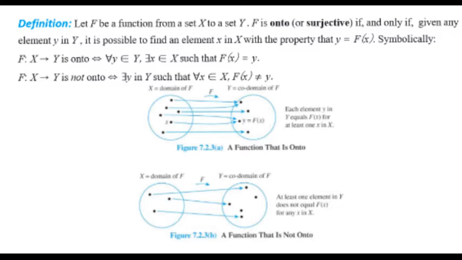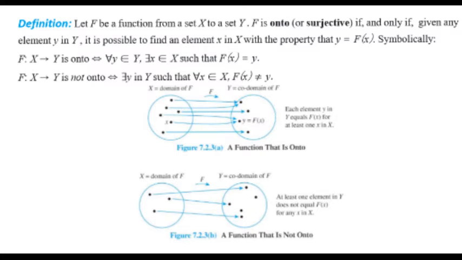However, in this figure, you see an example of a function that is not onto. Why? Because you can find some dots in the codomain, like these two, that are not related to any element of the domain. So there is no arrow pointed at these two dots.